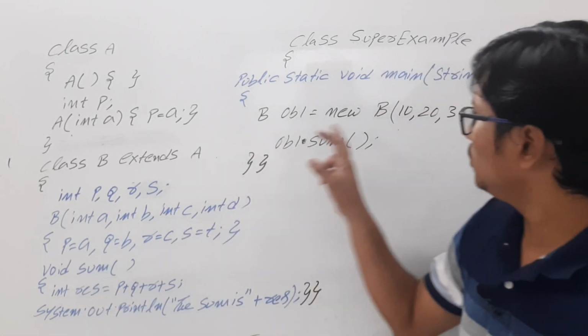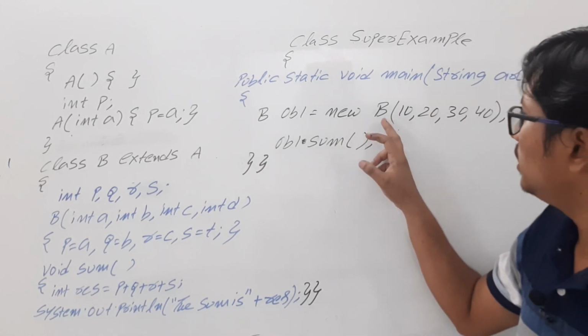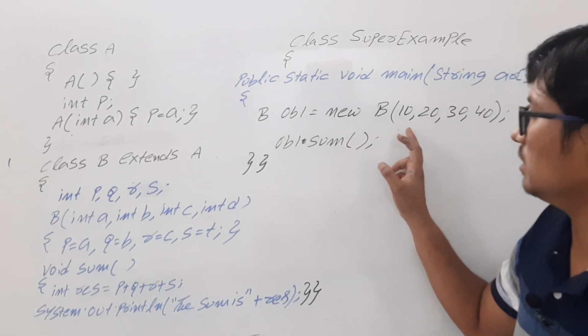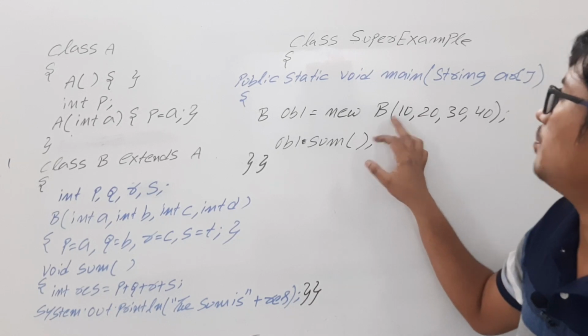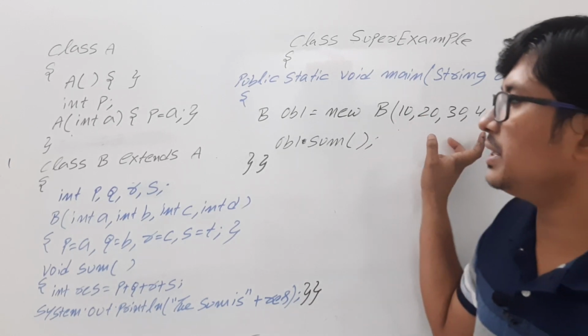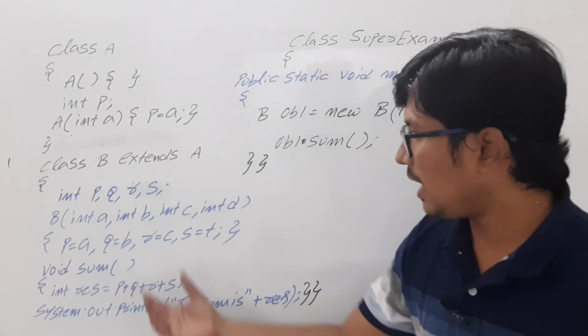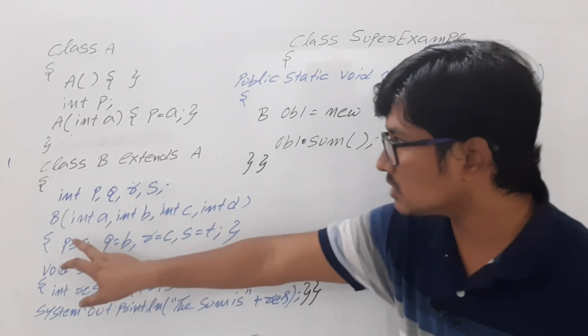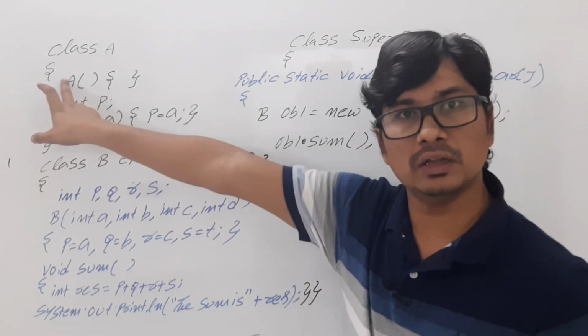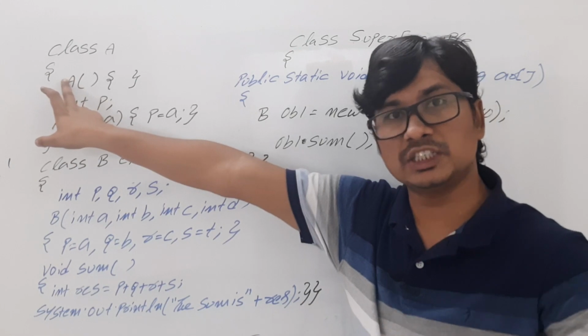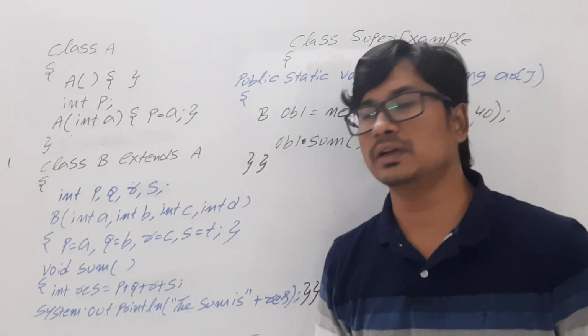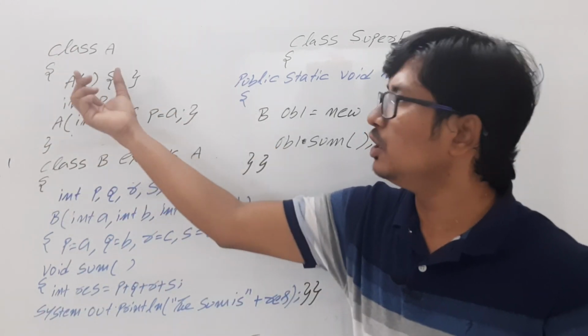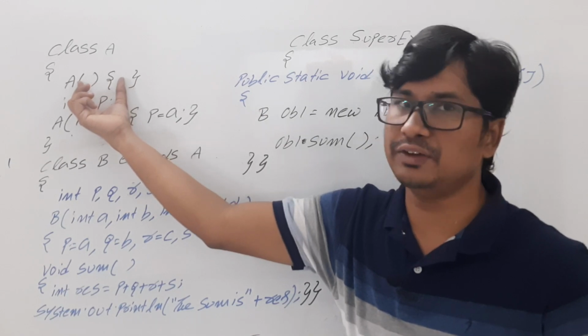You know you are calling the constructor here, so first that part will happen. It will call the parameterized constructor B, which has 4 parameters. This constructor indirectly calls the default constructor in the superclass. That's why I have written this statement. You know that if you do not write it, it will give an error.